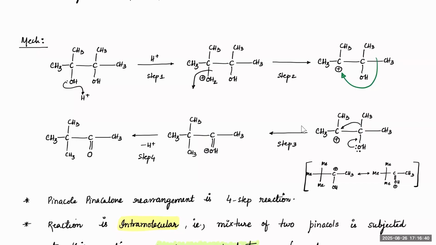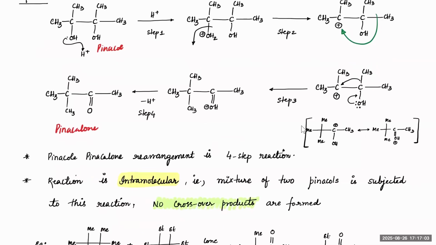Got it? And that's how we get a keto form. Then deprotonation will take place, and finally you'll get this keto form. And this keto form is called pinacolone. So it is like pinacol converting into pinacolone.